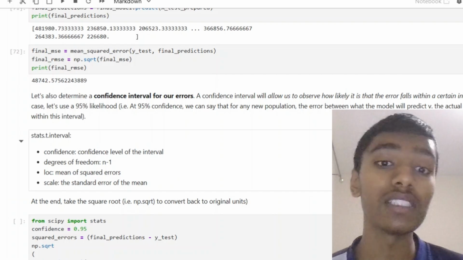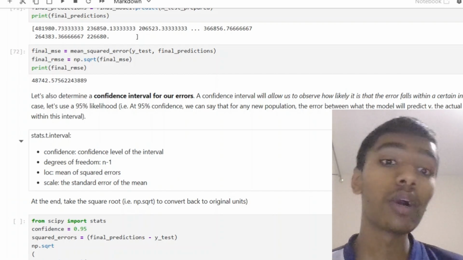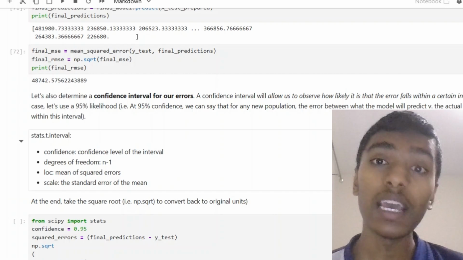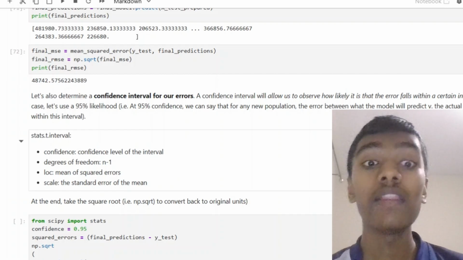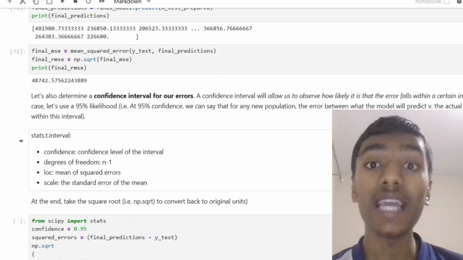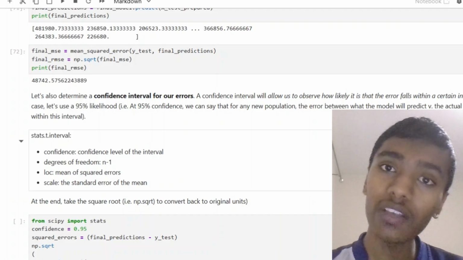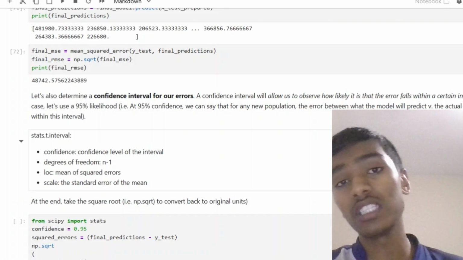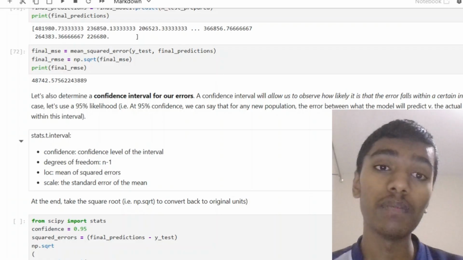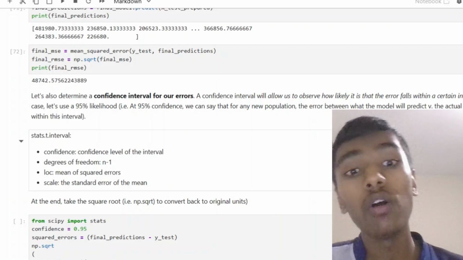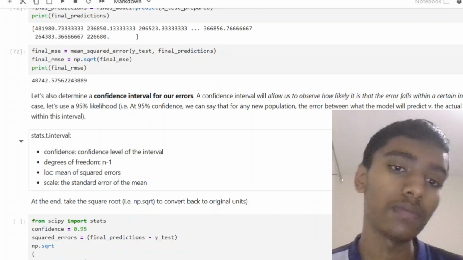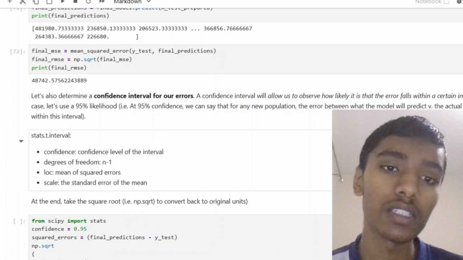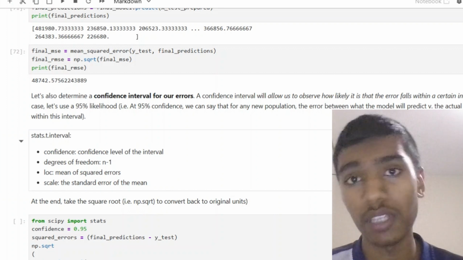Now, we're going to determine a confidence interval for our errors. So we're going to determine how likely it is that for any new housing that we are predicting, the error between the actual value that the house price should have been versus the predicted value will fall within this interval that we are going to decide upon. Okay, so we're going to determine what the confidence interval is at 95% confidence.